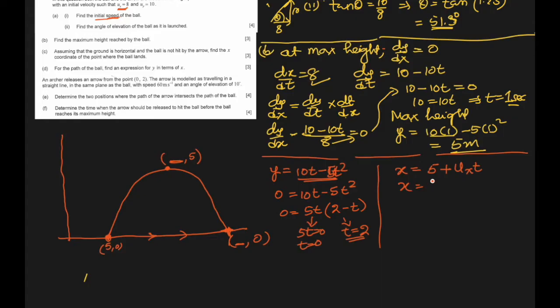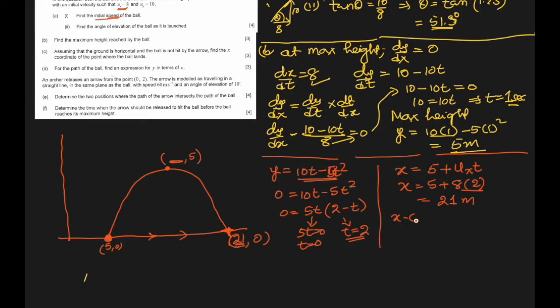So x will be 5 plus ux was 8 times t. Now we know that 2 seconds after it was launched from here, that comes out to be 16 plus 5, 21 meters away it fell. So this becomes 21 meters. Question was find the x coordinate. We found the x coordinate.